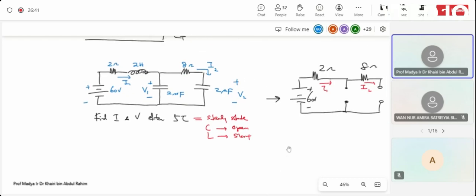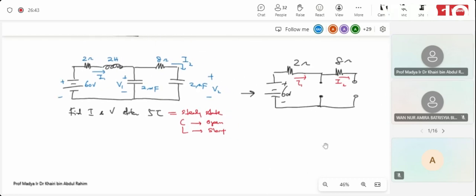Usama? Yes, Doctor. What's I1 and I2? Stable state, it will be open circuit. Yes.